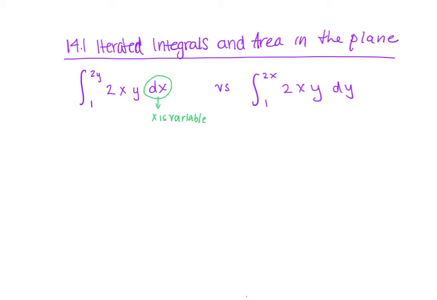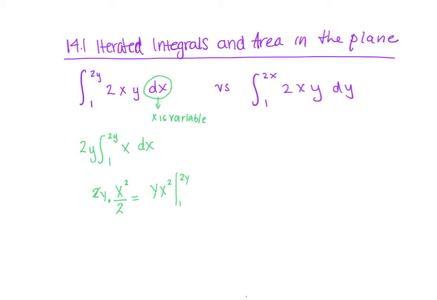So if I were to take the integral here, I could take 2 and y out, and then I've just got the integral from 1 to 2y, remember y is a constant, of x dx. Well, the integral of x is x squared over 2, and then times 2y here. So the 2's cancel, and I'm left with yx squared from 1 to 2y.